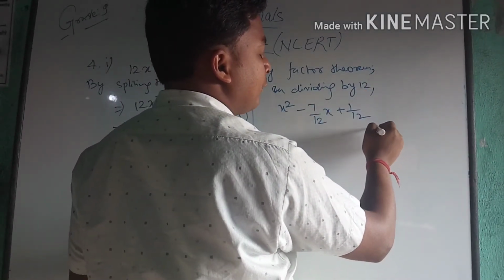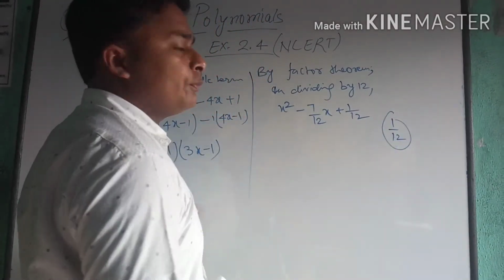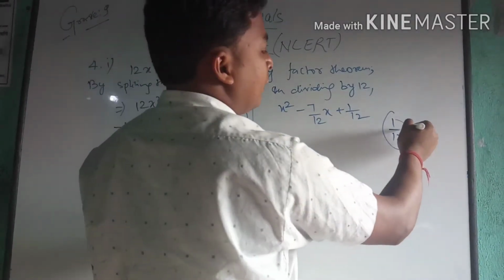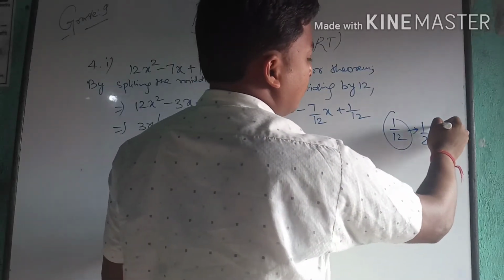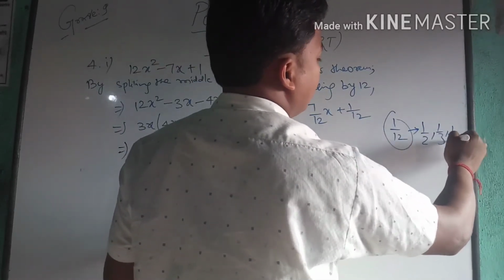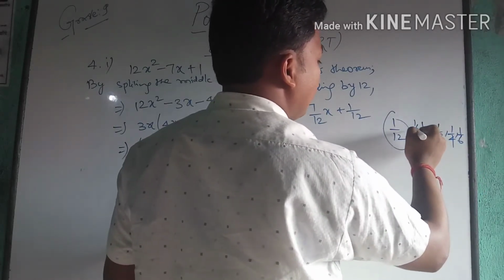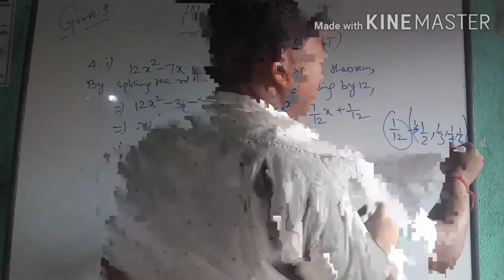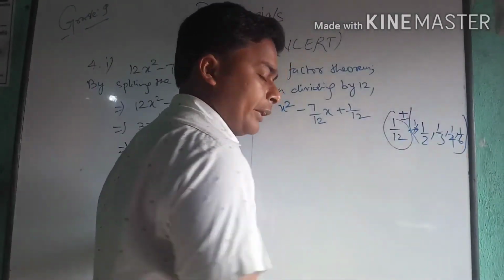So what are the different factors for 1 by 12? It is certainly less than 1. So we will go for less than 1, and we can assume from here that 1 by 2, 1 by 3, 1 by 4 and 1 by 6, 1 also. And all these values are possible as factors, both positive as well as negative.